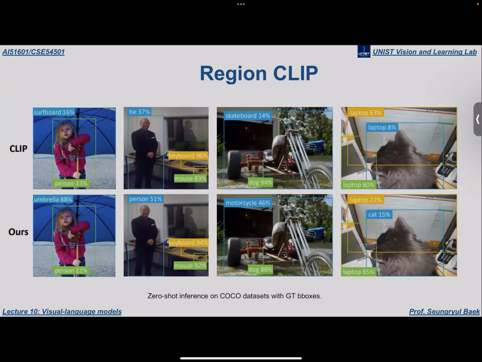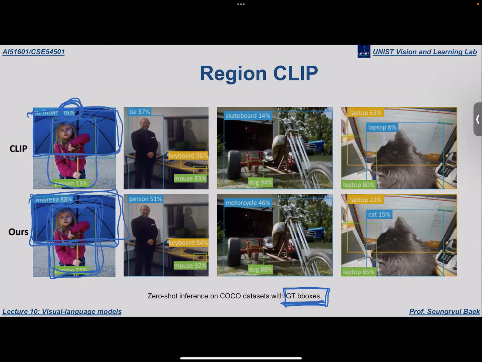Okay, so this is some result. For these two regions, this region and this region, they actually use the ground truth boxes. For this region, original CLIP is saying that this region has an umbrella with a probability of 16, but RegionCLIP can say that this region has the umbrella with a high probability.